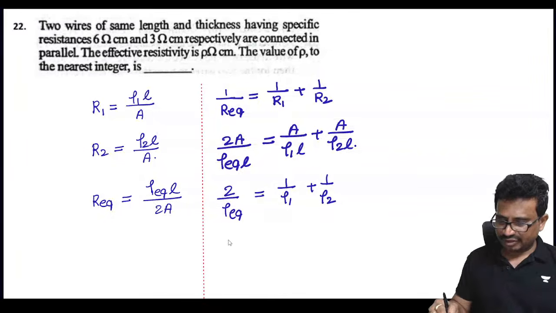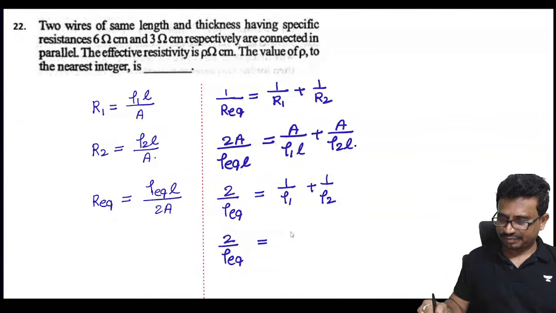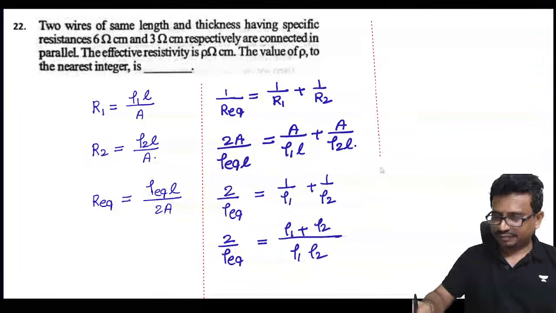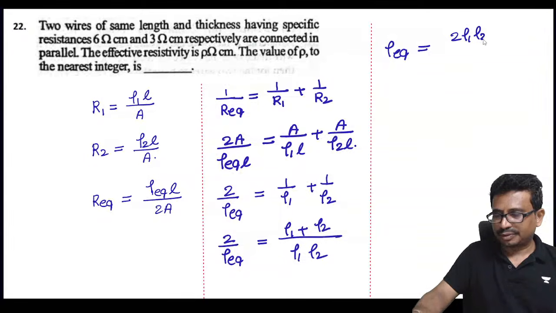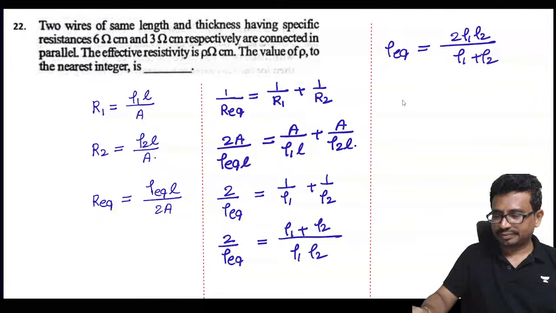Taking LCM, 2 by rho equivalent is rho 1 plus rho 2 by rho 1 into rho 2. Then rho equivalent is 2 rho 1 rho 2 by rho 1 plus rho 2.